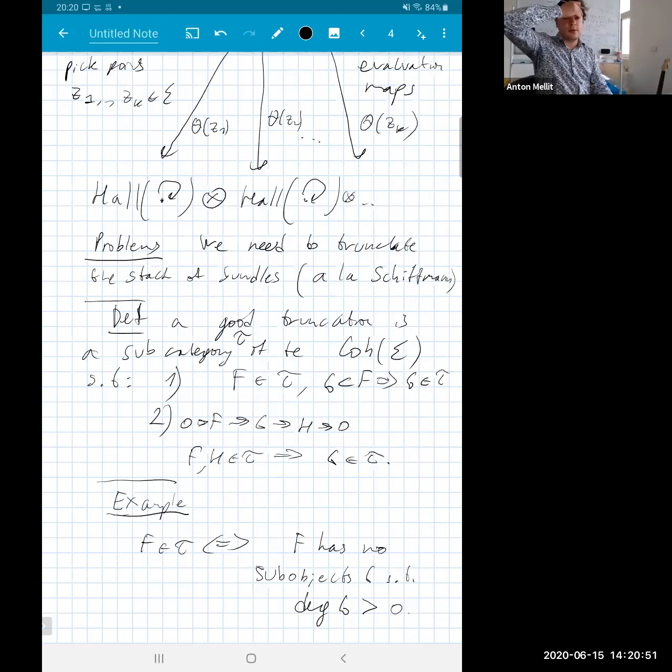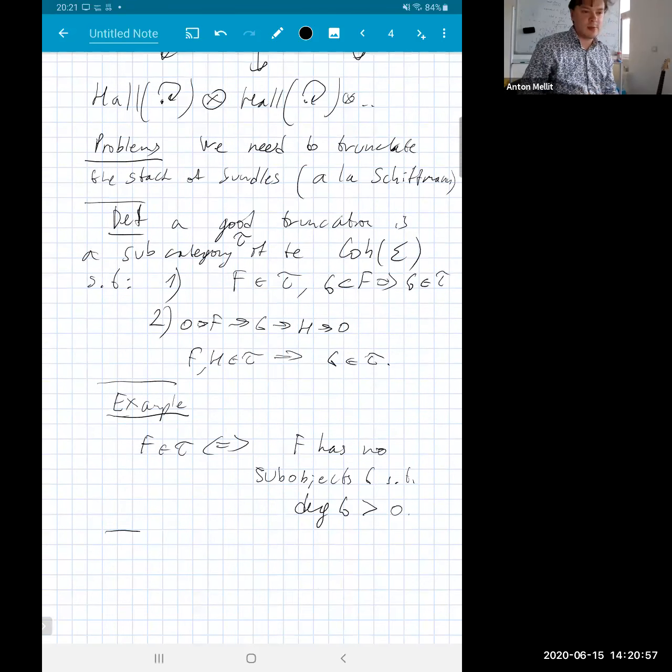So F has no positive degree subobjects. In particular, F must be a vector bundle, because any torsion sheaf has positive degree. So this is a notion of good truncation on the category.